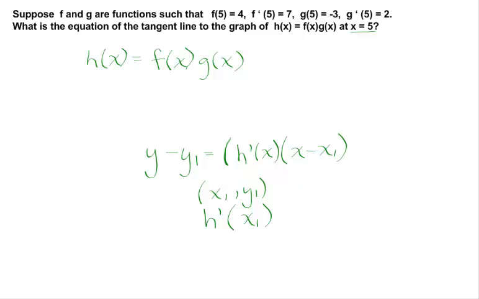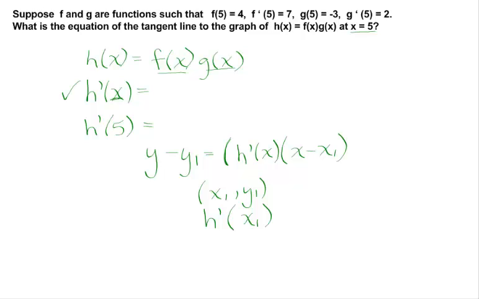So there's my process. So h prime of x, I'm going to find my derivative in x first. Then I will plug in the specific x value that they want me to use. But our first step always is to find the derivative in the original independent variable, which is x for us.